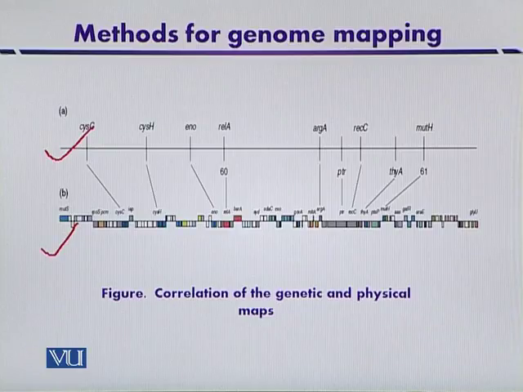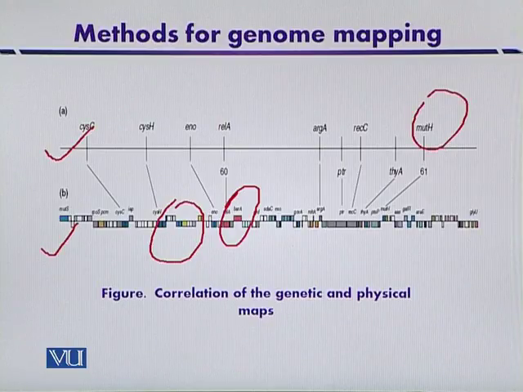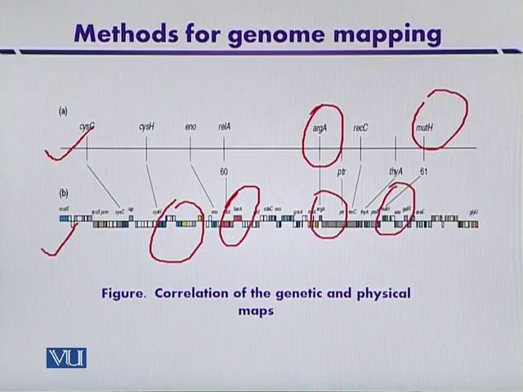In the lower diagrams, the certain red areas indicate the position of some regulatory genes, and some blue genes indicate the genes involved in DNA replication, recombination, etc. So here we may have the idea that certain genes like this one in the linkage map are the same as on the physical map, and like here this gene and this gene are the same. So we can say that linkage maps that were developed earlier are showing similarity with the physical maps.